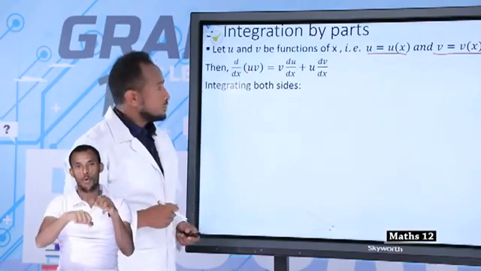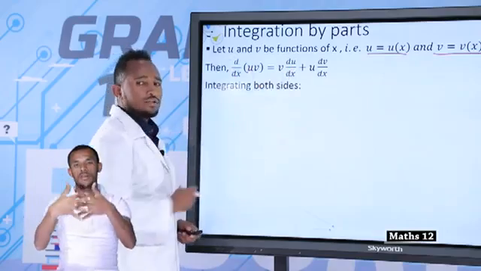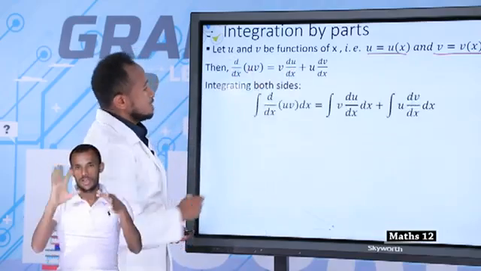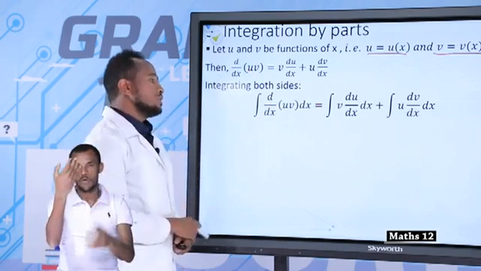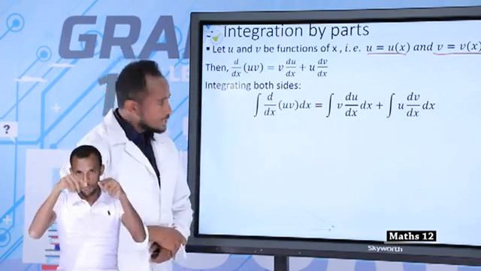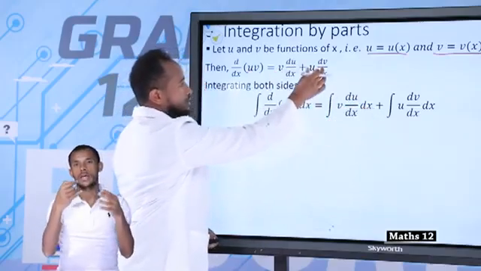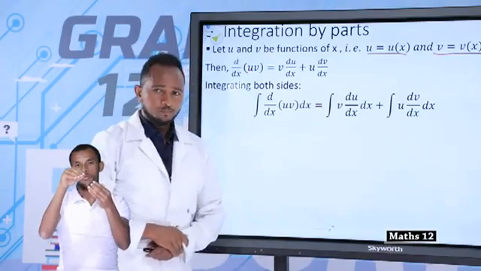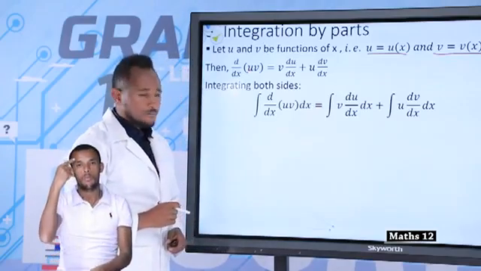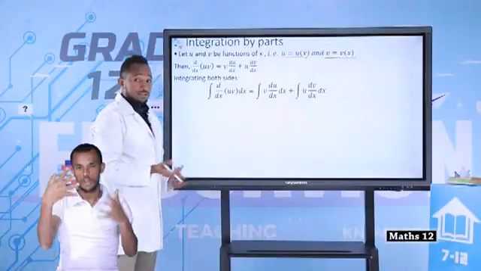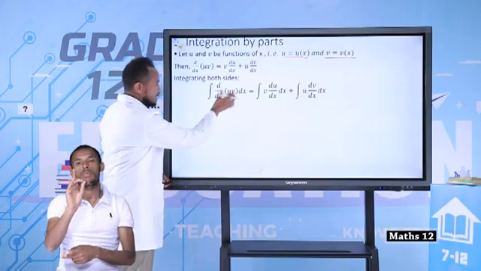To derive the formula, let's integrate both sides of this equation. When you integrate, you will have the integration of d by dx of uv dx, which is equal to the integration of this expression plus the integration of this one. If you remember, the integral is the reverse process of the derivative.